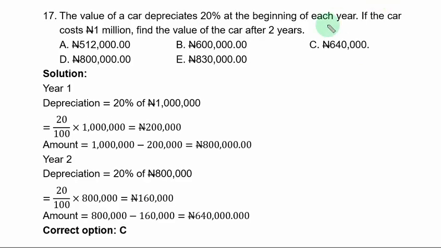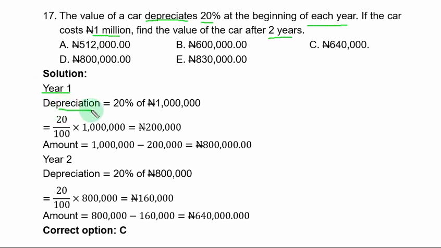Question 17. The value of a car depreciates by 20% at the beginning of each year. If the car costs 1 million naira, find the value of the car after 2 years. So let's take first year.